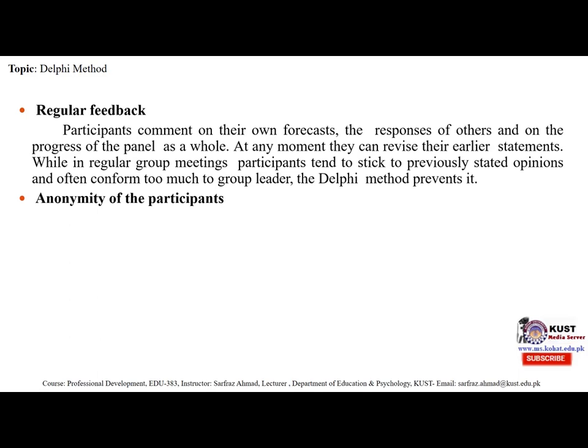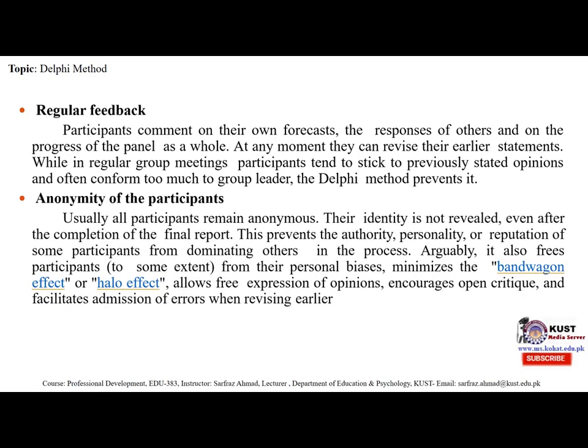Anonymity of the participants. Usually all participants remain anonymous. Their identity is not revealed even after the completion of the final report. This prevents the authority, personality, or reputation of some participants from dominating others in the process.